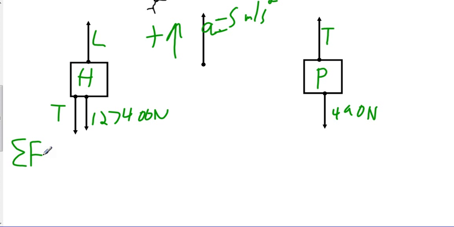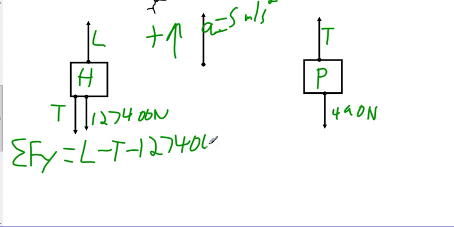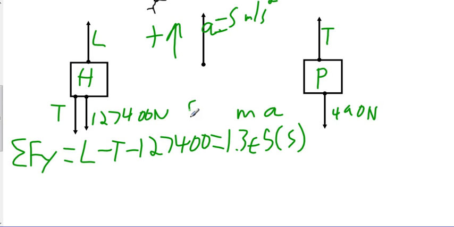The sum of the forces in the y is equal to L minus T minus 127,400, and that's going to be equal to the mass times acceleration, so that's going to be 1.3 times 10 to the 5th times 5. And again, this is just the mass times acceleration, so we're using Newton's second law, F equals ma.